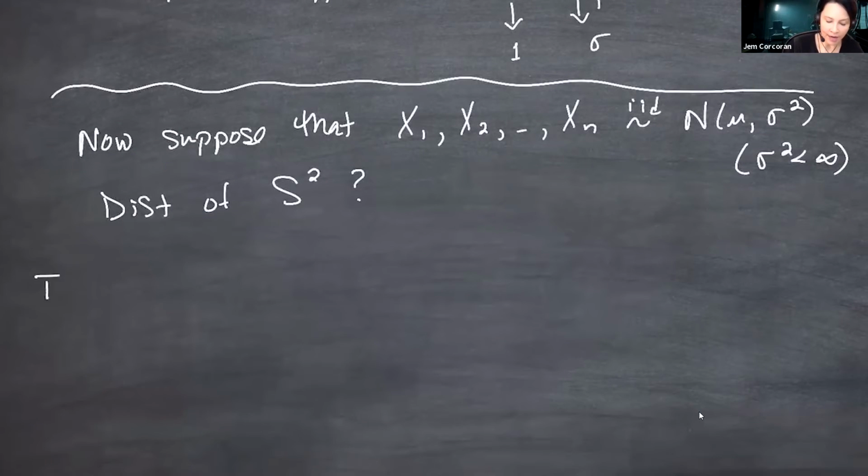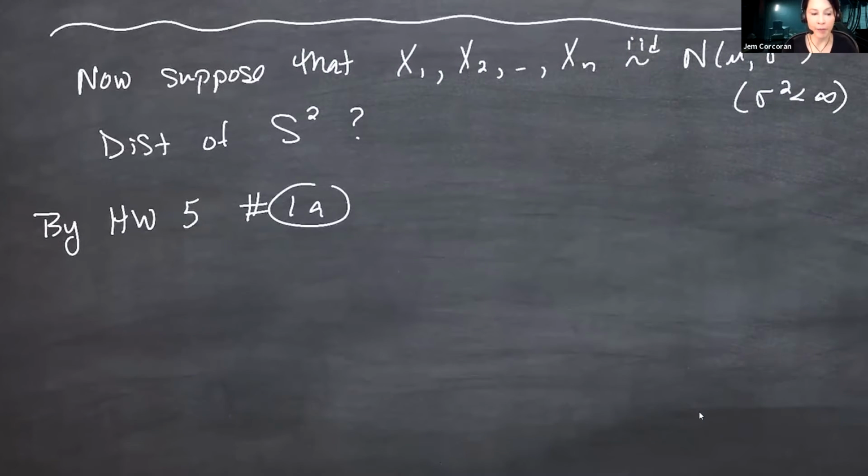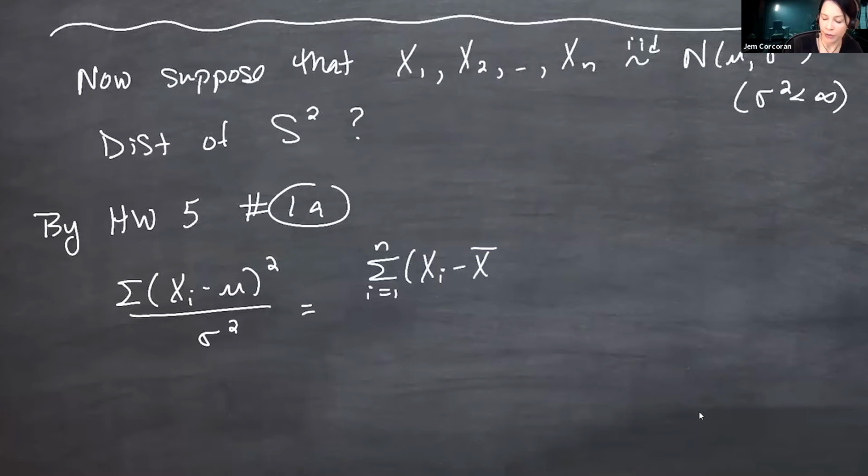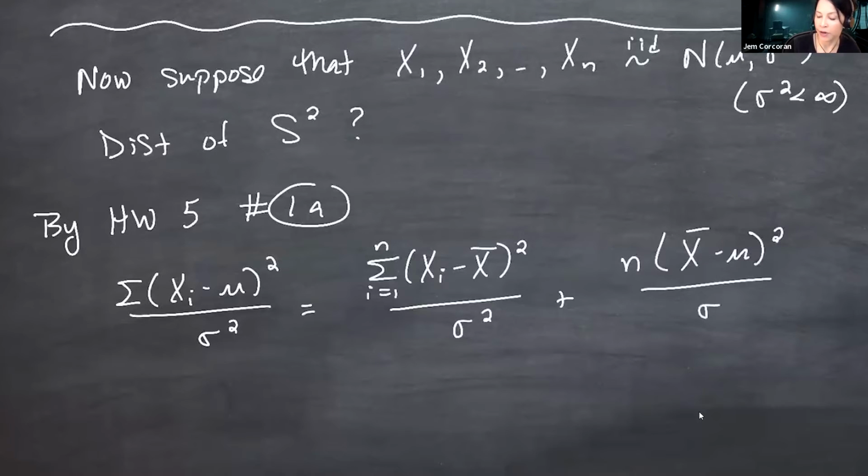So by homework 5, number 1A, I believe, I could be wrong, I don't have the homework in front of me, you are showing that normal or not, well, normal in your problem, but it doesn't depend on normality, that you can write this guy, the sum of xi minus mu squared over sigma squared, equal to this guy, the sum as i goes from 1 to n of xi minus x bar squared over sigma squared, plus n times x bar minus mu squared over sigma squared.